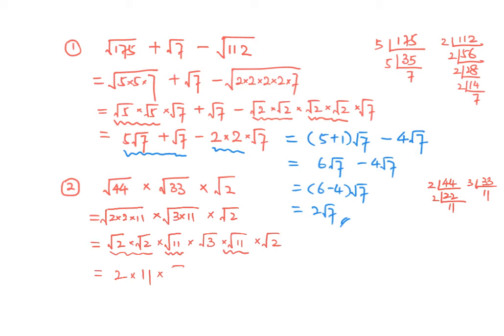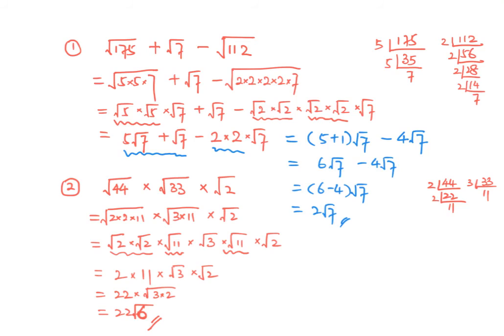And then square root 3 times square root 2 cannot be simplified anymore. So 2 times 11 equals 22, times square root 3 times 2, which is square root 6. So 22 square root 6 is the final answer.